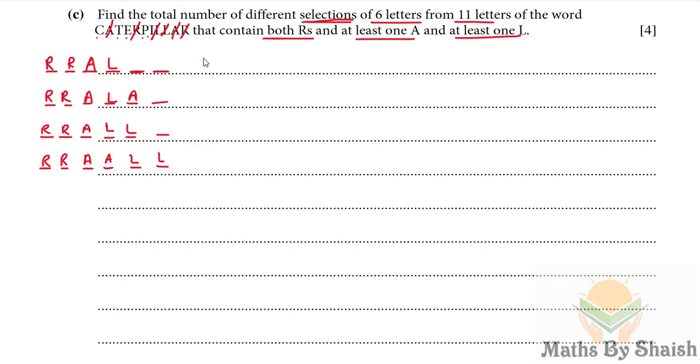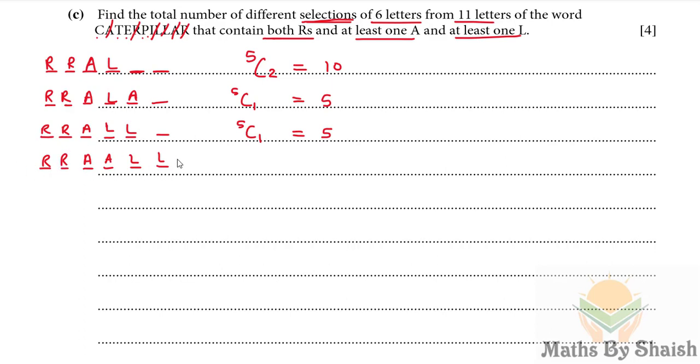If 5 letters are left and we have to choose 2, we can choose in 5C2 ways, that is 10. And for one place it is going to be 5C1, that is of course 5, and similarly for this case it is going to be 5C1, 5.